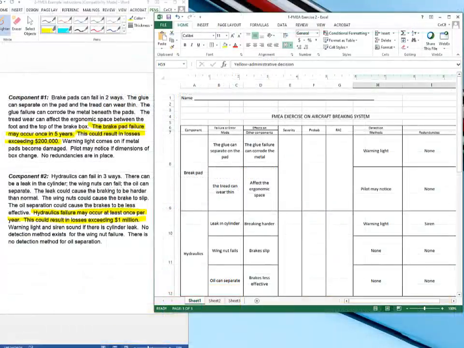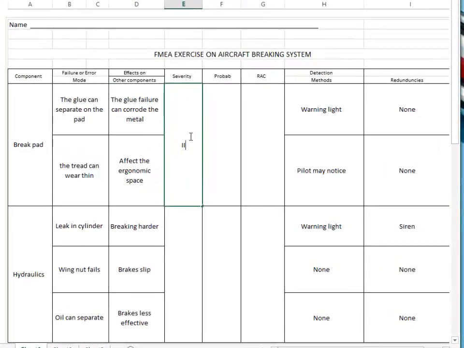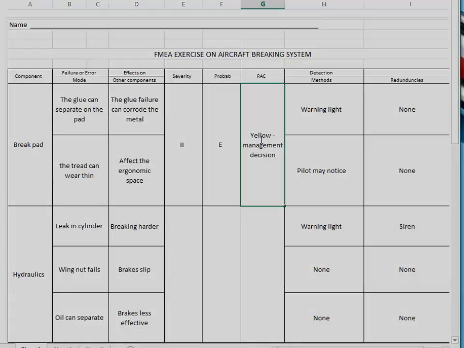Our severity will be 2, and our probability will be E. Okay, so our RAC, which is risk assessment category, really means what color, just as I explained. That's in the yellow color, and that means that management has to make a decision about whether or not to fix it.